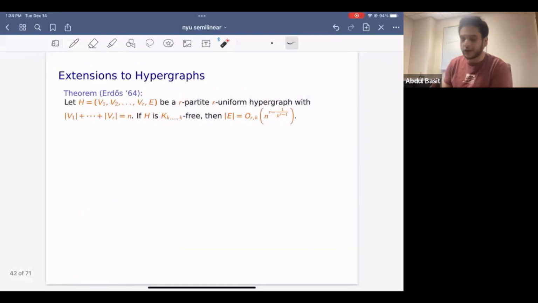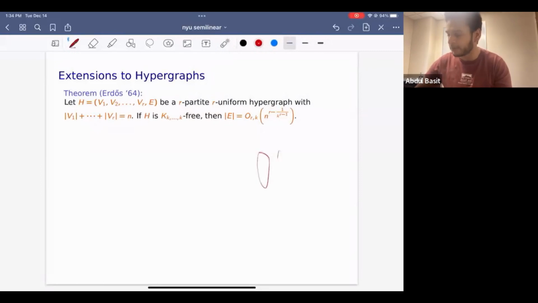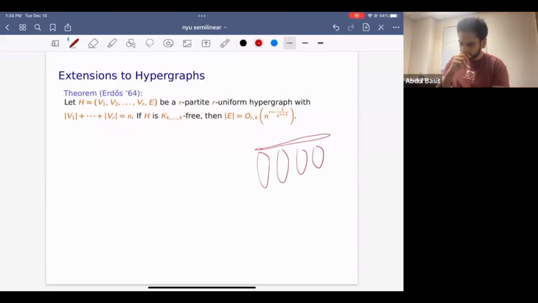Okay, so that was all about graphs. We have a slightly more general theorem that talks about hypergraphs. So we can talk about the Zarankiewicz problem for hypergraphs. If I have an r-partite r-uniform hypergraph, so I have r parts now instead of 2, and I have edges that go across, so they have one vertex from each part, and on n vertices total.